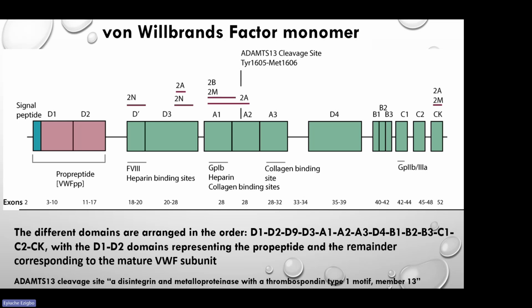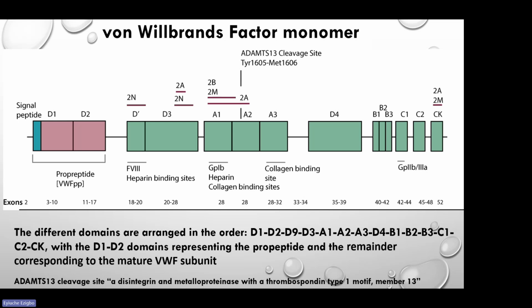The different domains are arranged in the order D, A, D, B, C: starting from D1, D2, D prime, D3, A1, A2, A3, D4, then B, and then C. The D1 and D2 domains represent the propeptide, and the remainder corresponds to the mature VWF subunit.